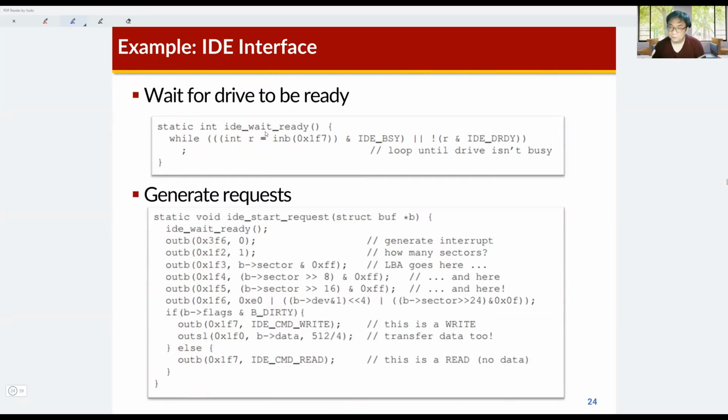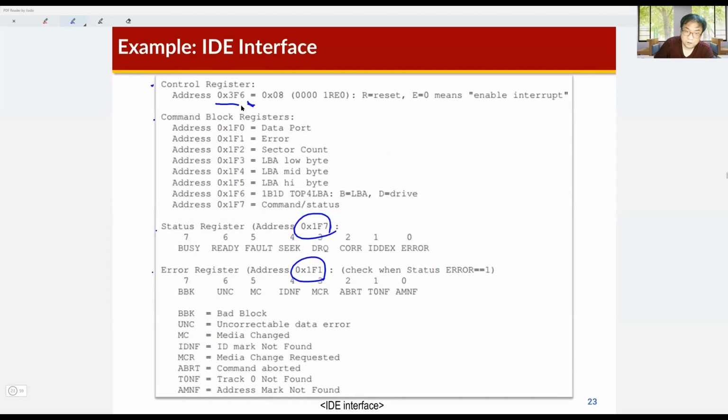This is a code snippet of the device driver for an IDE storage device. We can use the wait-ready command. As we already saw, there is the control register here.